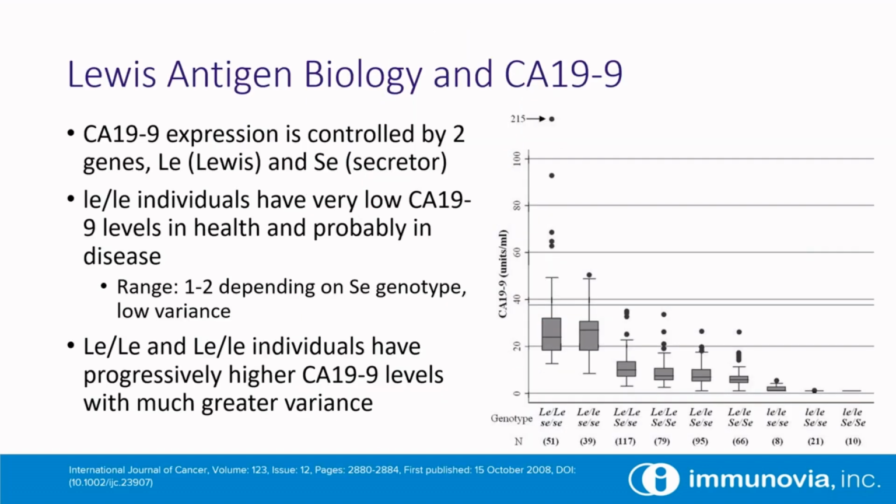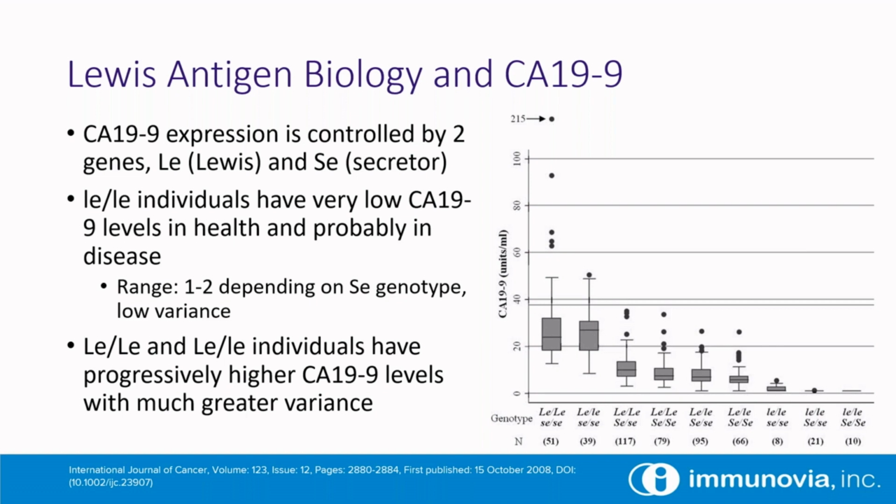Looking back at the literature, genotyped individuals without cancer have different levels of expression of CA19-9 dependent on their genotype. In this case, LE is the Lewis antigen gene. If you look to the right of this figure, small e, LE corresponds to defects in both copies of the gene and corresponds to very low levels of expression of CA19-9.